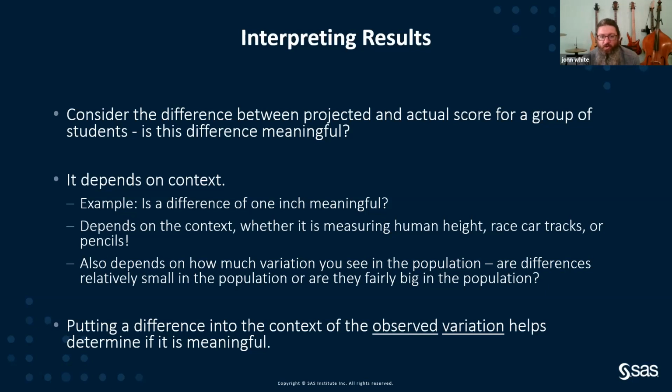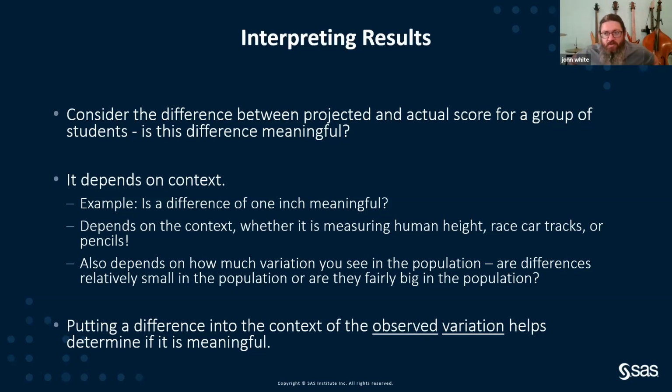So what does this really boil down to? It's really about the idea of what kind of variation do we see in the population of what we're measuring. So if we think about the variation of human height, or the range or just the spread of human height, that helps us to put a difference of an inch into context.